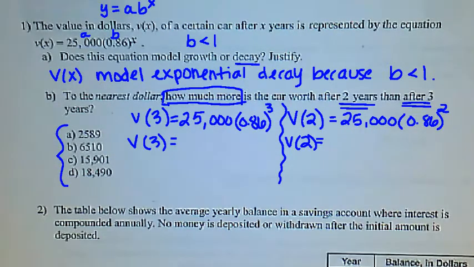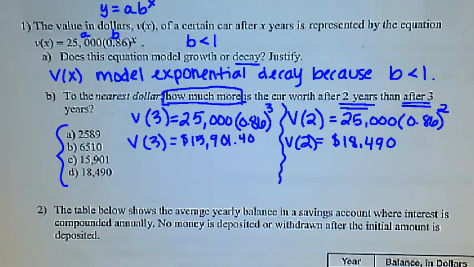So if I plug all of that into my calculator, for 3 years I would get 15,901 and 40 cents. And I got 18,490 for 2 years. I think I got a whole number for that.